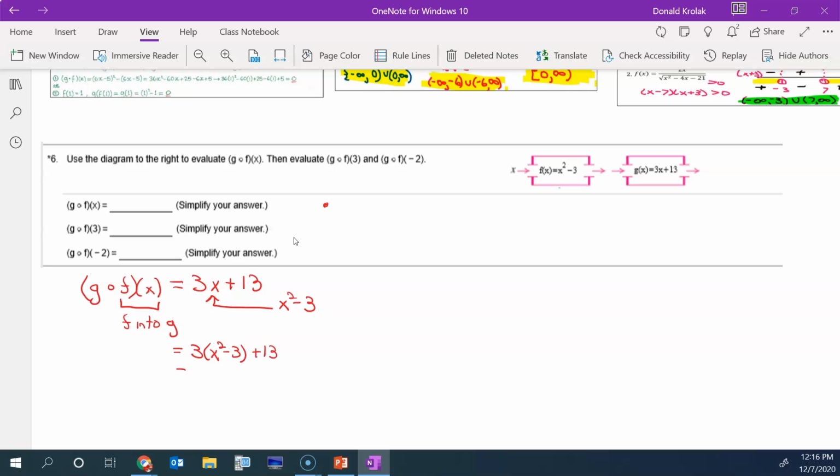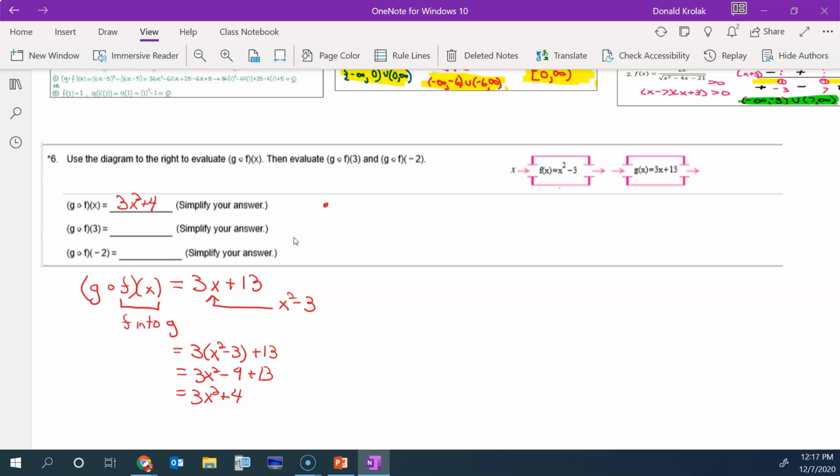And then we just simplify that. 3x squared minus 9 plus 13, and minus 9 plus 13 is positive 4. And that's my composite function.